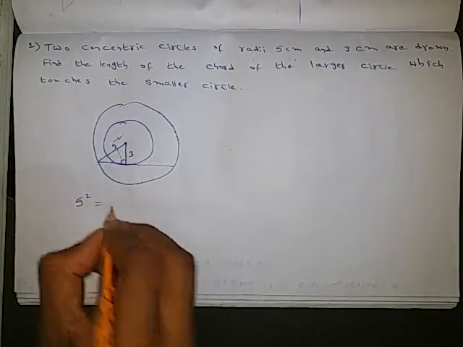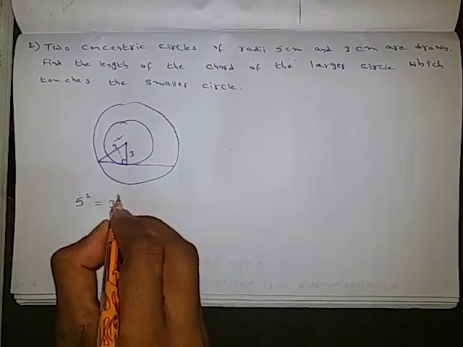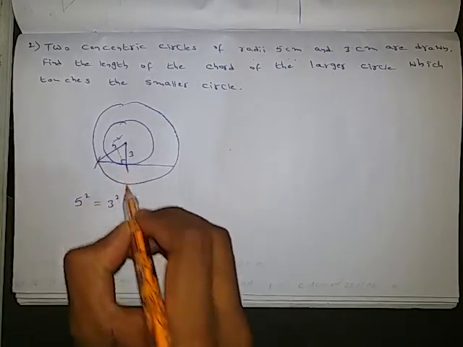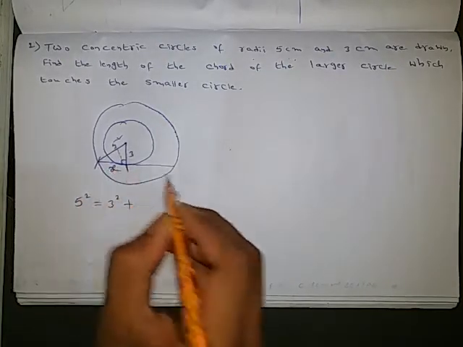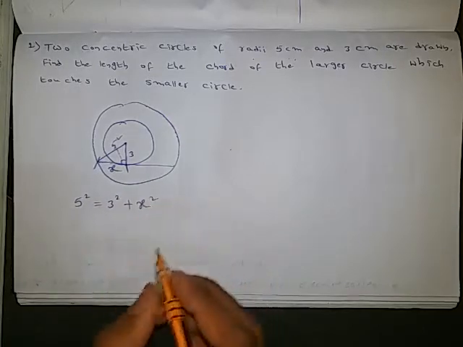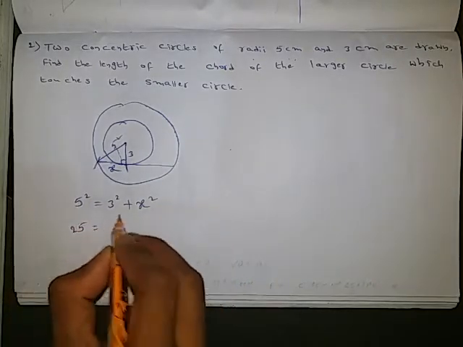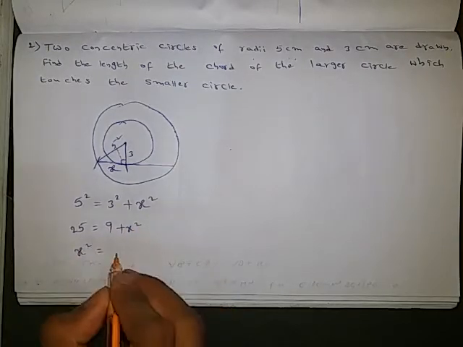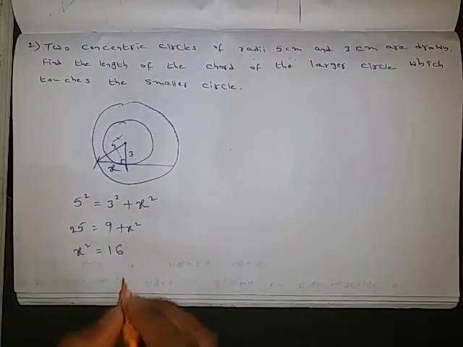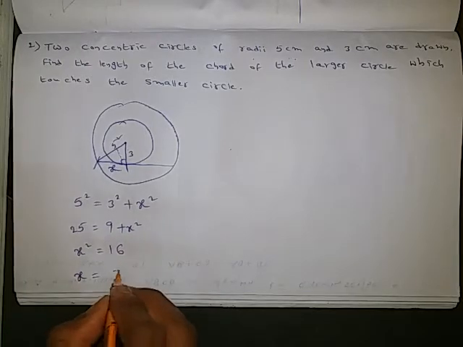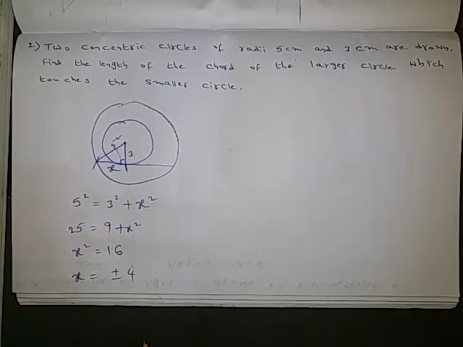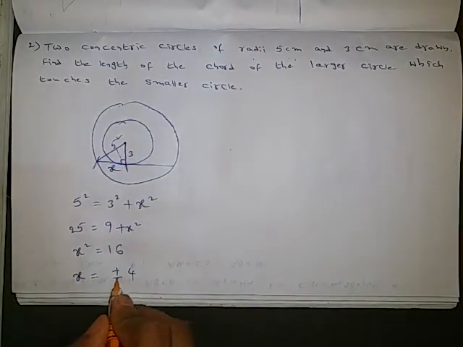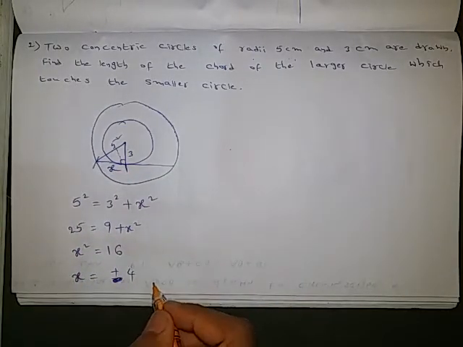So hypotenuse square is equal to first side square plus second side, that is from here to here we don't know, so some constant x square. 5 square, 25, is equal to 3 square, 9, plus x square. So x square is equal to 25 minus 9, 16. So x is equal to plus or minus 4. Again here also the same, we are finding the distance, so it won't be negative, so the x value is 4 centimeters.